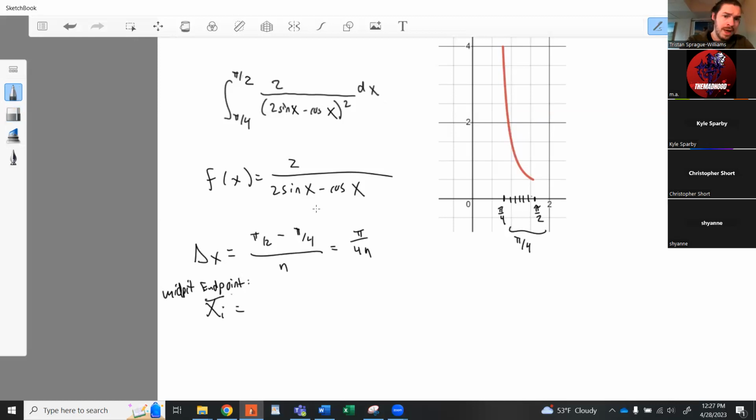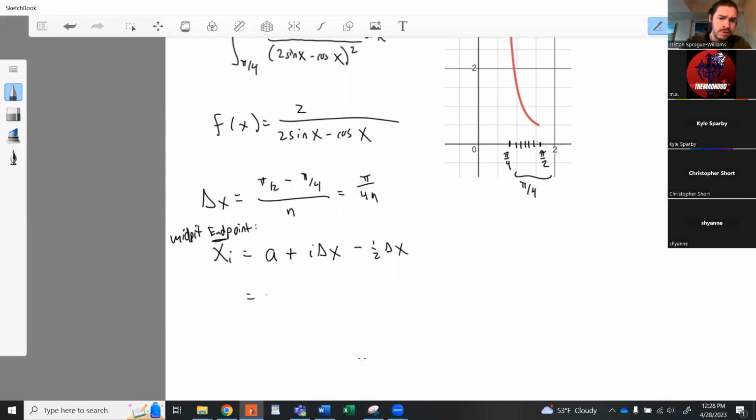Midpoint equation. So xi bar, the average of the xi's on the ith interval. So that is going to be the left endpoint plus i delta x and then minus a half delta x. Right, so it's kind of like left endpoint, add i delta x's, but then go backwards just half a delta x unit to get into the midpoint of that interval instead of the right side of the interval. So this is going to be our left side, pi over 4, plus i multiples of delta x.